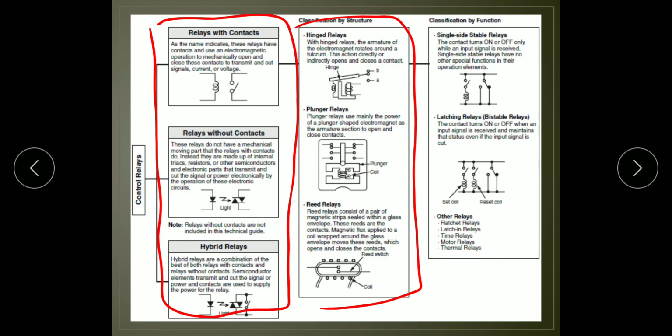Single side row means only one movable part. Latching relay, that is nothing but the bistable relay: the contact turns on and off when an input signal is received and maintains that status even if the input signal is removed. This is nothing but the latching type relay.